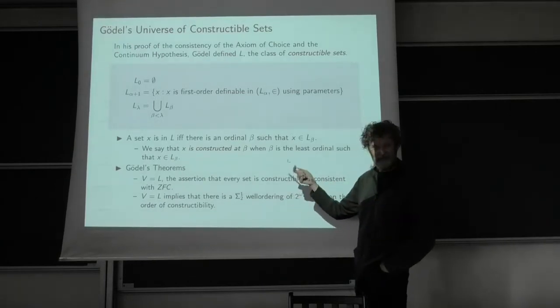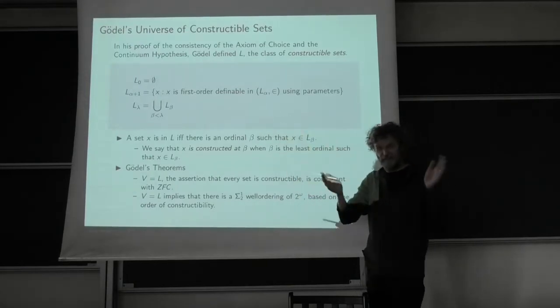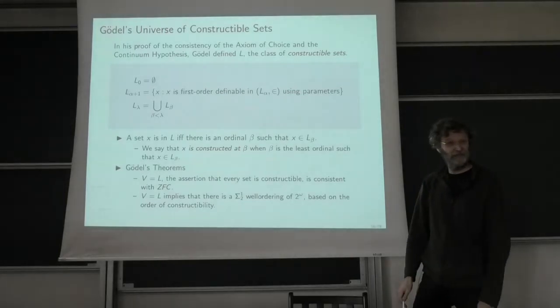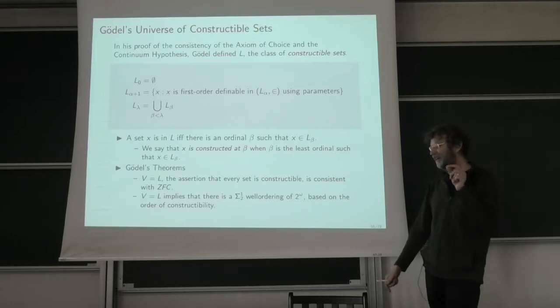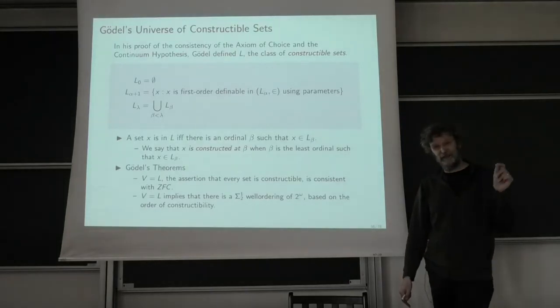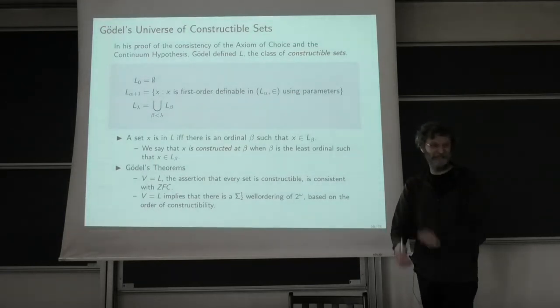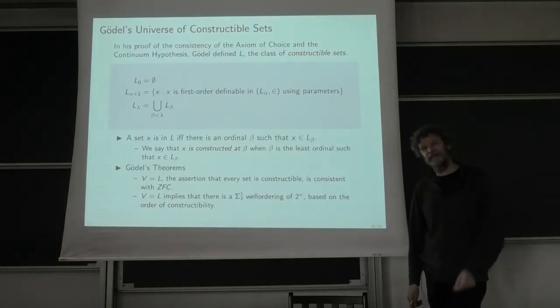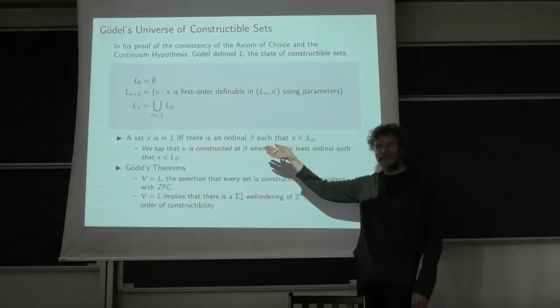First, he showed that the axioms of set theory are true inside L. L is a model of the Zermelo-Fraenkel axioms of set theory. So that means, since L satisfies those axioms, it's not possible to prove, using those axioms only, that there's a non-constructible set, because in L, every set is constructible.